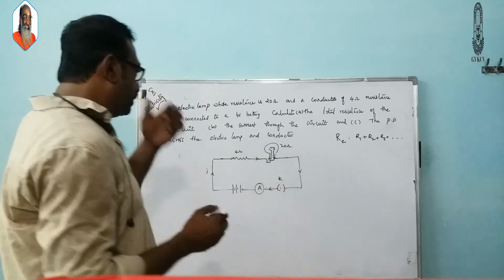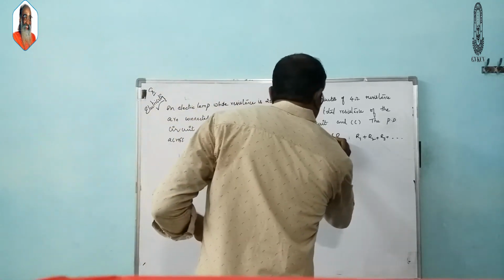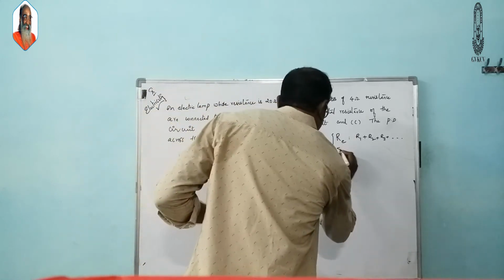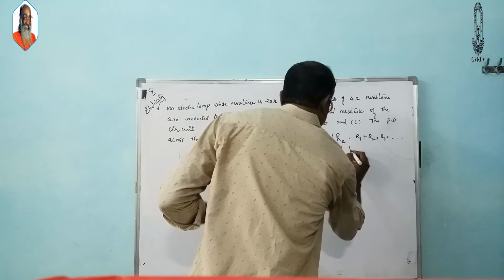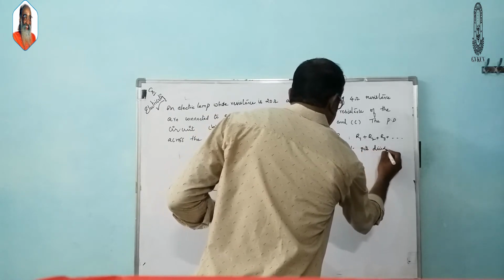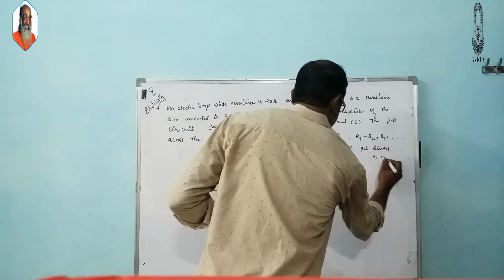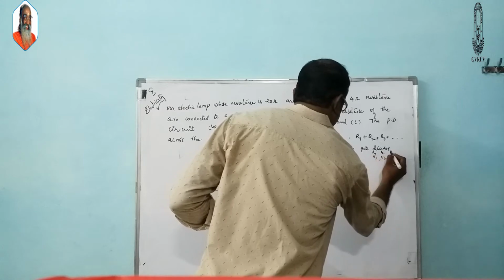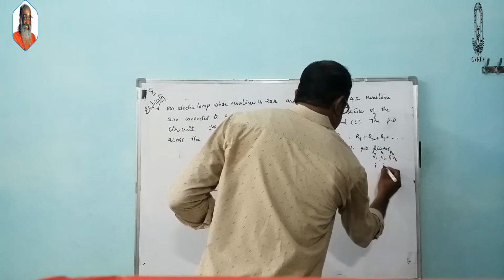Okay, so this is the expression that we extracted from that, and the important thing to keep in mind is V gets divided as V1, V2 and V3 at three resistances R1, R2 and R3, and the current remains the same.